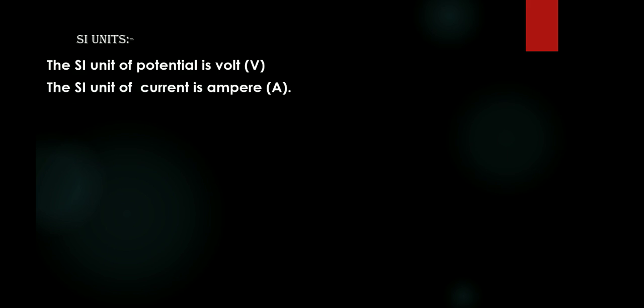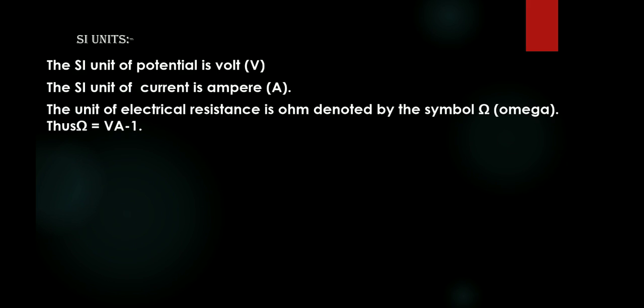The SI unit of current is ampere. The unit of electrical resistance is ohm, denoted by the symbol omega. Thus, ohm is equal to volt per ampere.